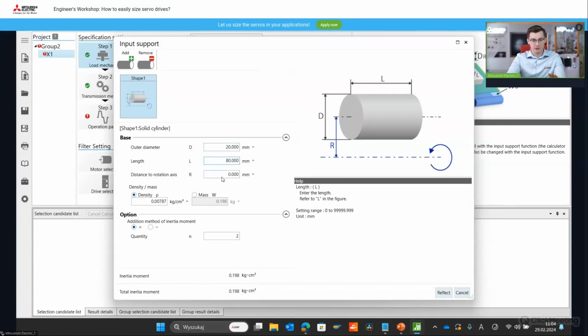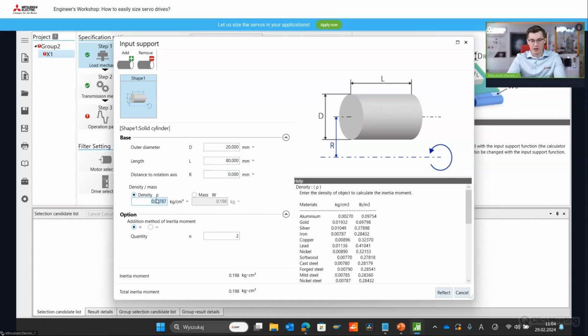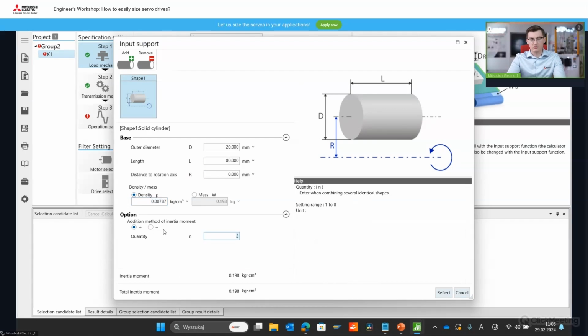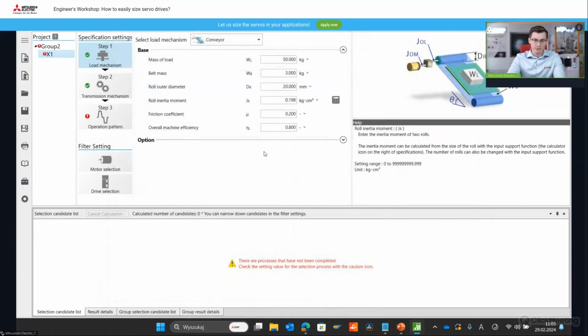And here the distance to rotation axis will always be 0 because the axis will be in the center of the wheel. Density you can choose, or you can go with the standard one, so Motorizer will calculate the mass. And then the last step is to add the quantity of these wheels, in this case 2, because it is the tooth belt module, and reflect.